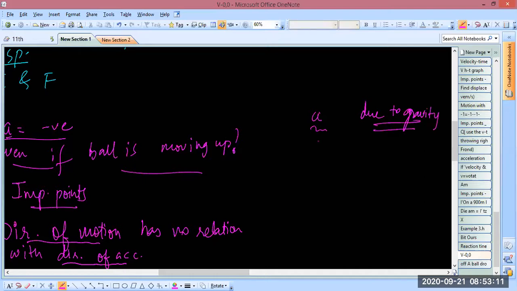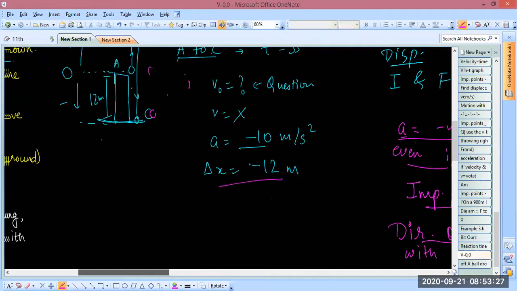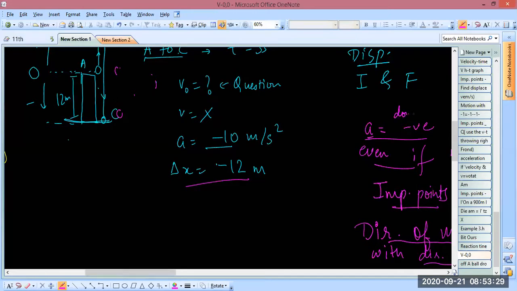And acceleration due to gravity will always be downwards because Earth attracts objects down. Clear? So that's why it is downwards, and if we are taking downwards as negative, that's why it is negative.